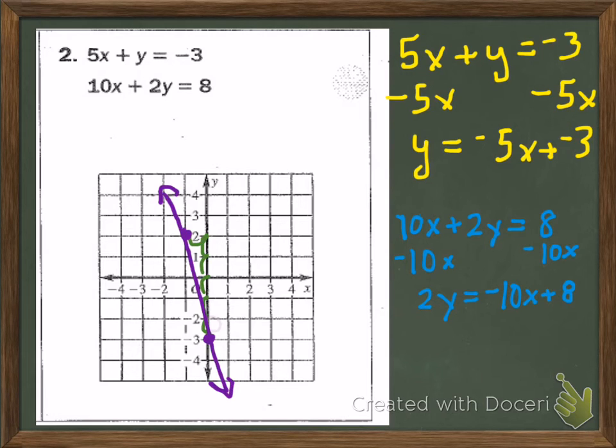And hopefully you know your next step is divide everything by 2. You should get y is equal to negative 5x plus 4. So that line has a y-intercept of 4 and a slope of negative 5. Down 5 over 1.